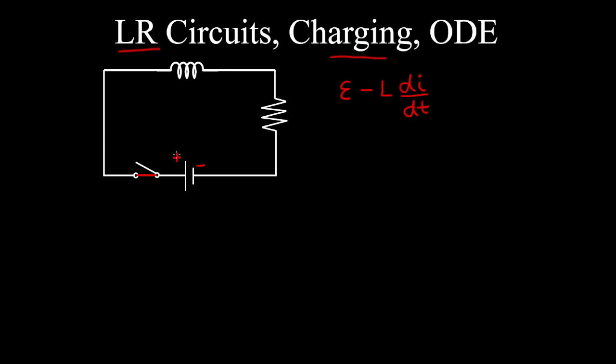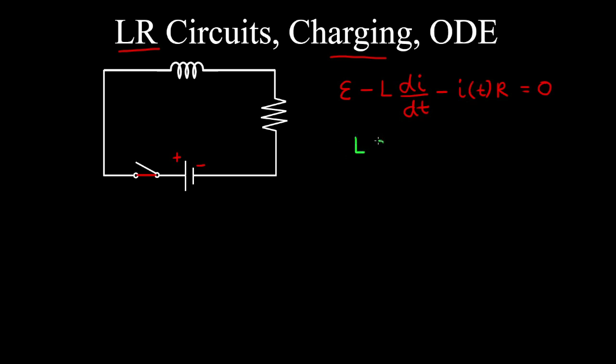So some of the electrical energy provided by the EMF gets stored in the magnetic field of the inductor, and some of the energy will be dissipated by the resistor. So this expression is equal to 0. Note that this is the current, which is a function of time.